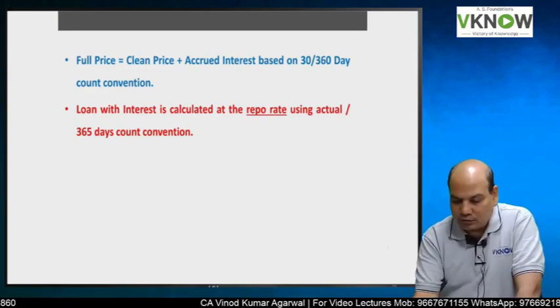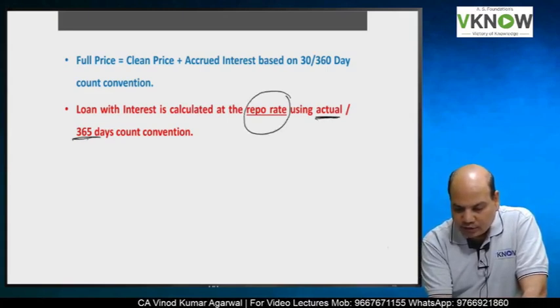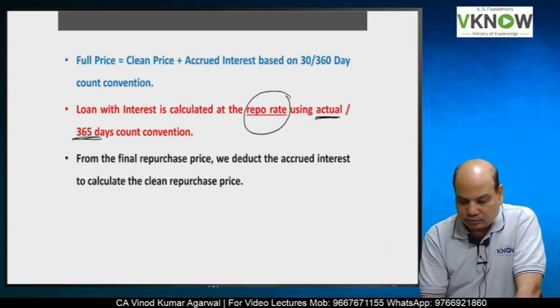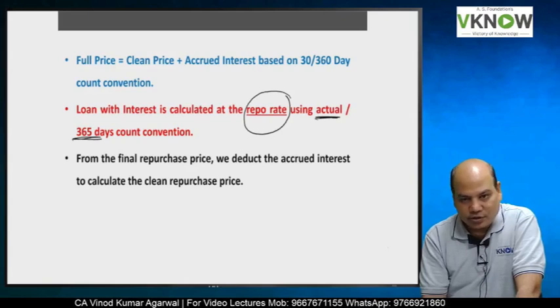The interest will be charged by the lender using actual number of days divided by 365 days. But in our question 360 is given, so I will take 360.